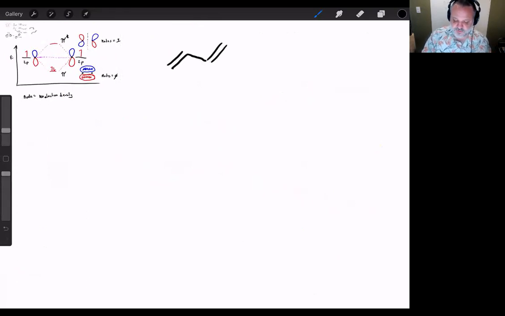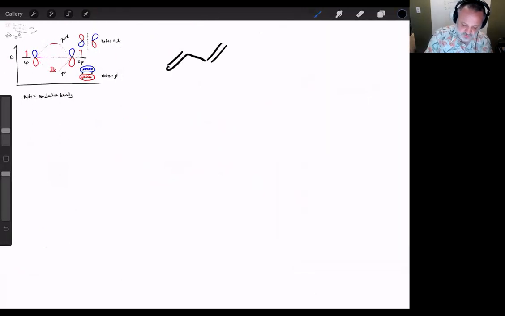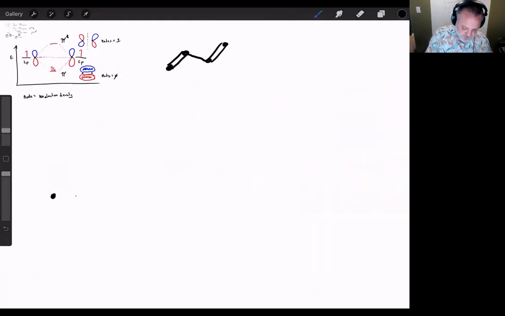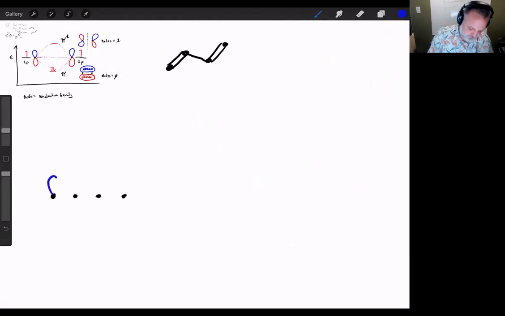So if I take butadiene, remember that there's going to be an unhybridized p orbital on each of the carbon atoms. And I can represent those 4 unhybridized p orbitals on each of those carbon atoms, 1, 2, 3, 4, combining to form molecular orbitals. So here are my unhybridized p orbitals.